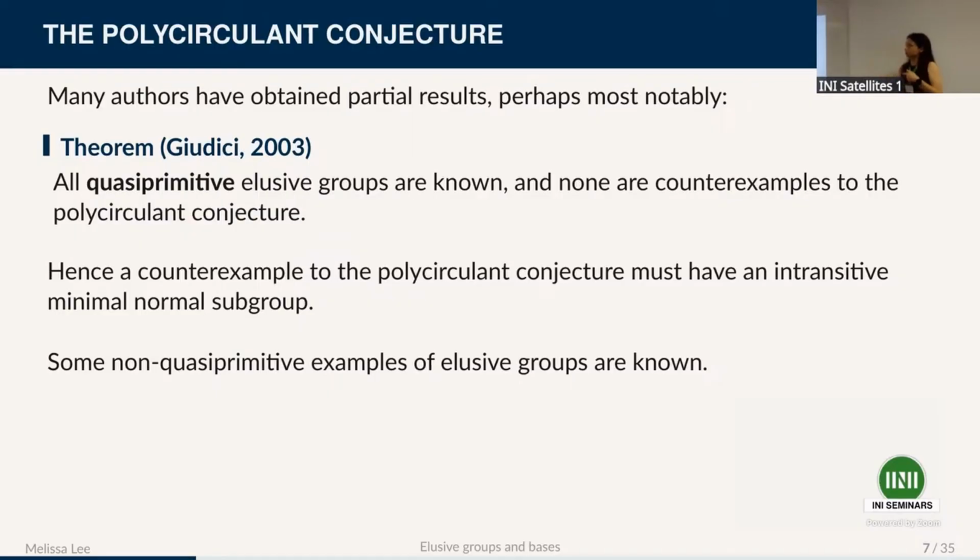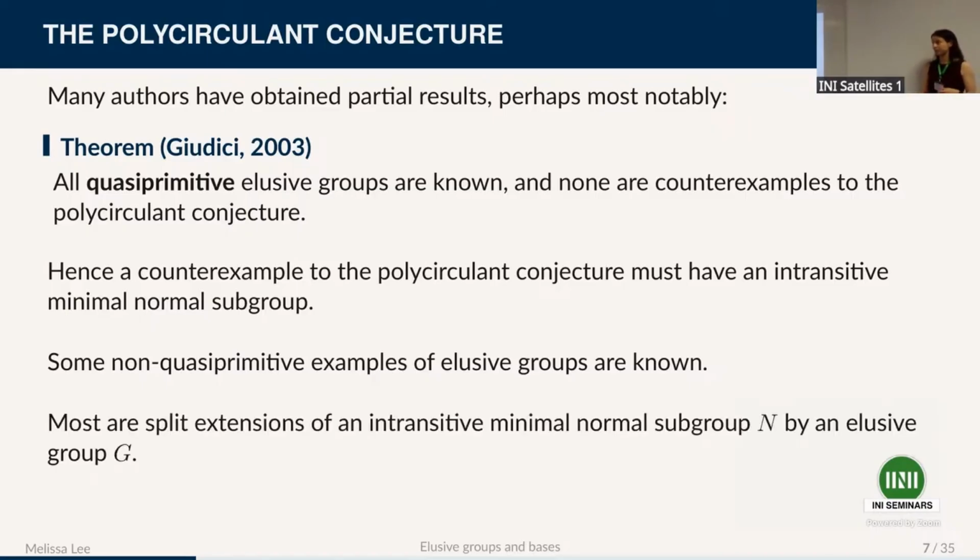Okay. So if you're going to find a counterexample to the polycircular conjecture, then you need to look outside quasi-primitive groups. So what does that mean? You must be taking a group that has an intransitive minimal normal subgroup. Now, some such examples are known, but many of them follow the same sort of recipe. Most of them are split extensions of some group, which turns out to be an intransitive minimal normal subgroup, by an elusive group.